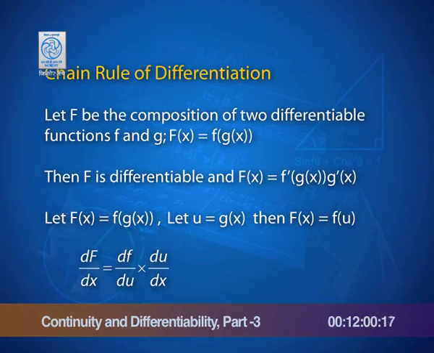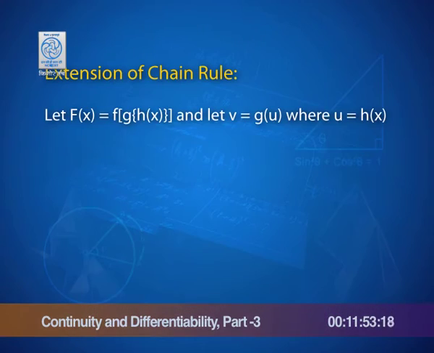This gets extended to 3 or more functions. If capital F is a function composed of f, g and h in that order, and if v is g of u, where u is h of x, you come through the layers: h of x is u, then the outer layer v is g of u, such that the function F becomes f of v.